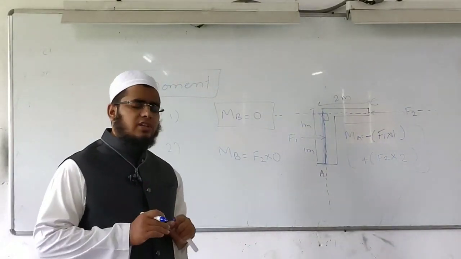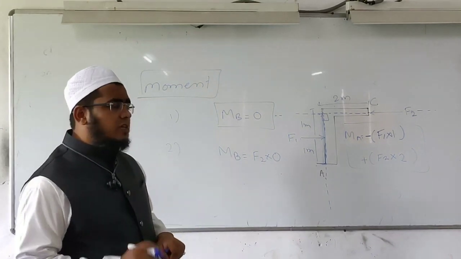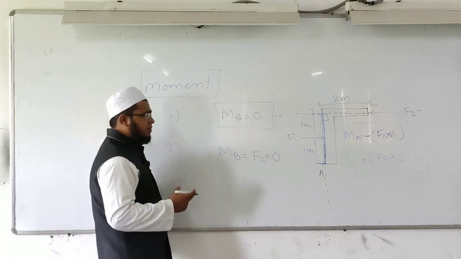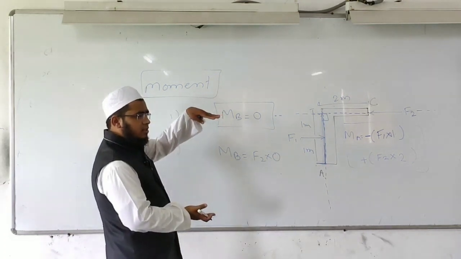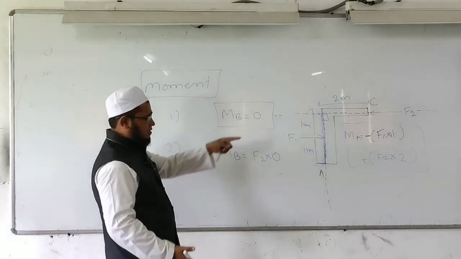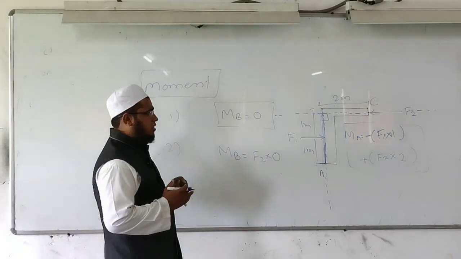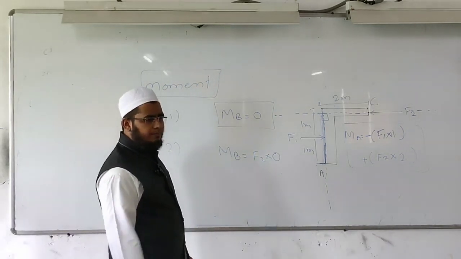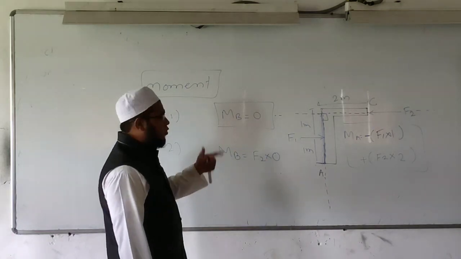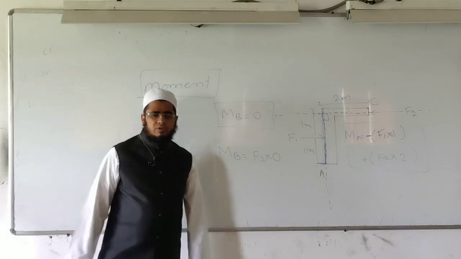Extension of the line of action is very important. After extension, we drop a perpendicular from the moment center to that line of action, and we measure that perpendicular distance. The force into that distance gives the magnitude of the moment. After that, we see the orientation of the moment, whether it is anti-clockwise or clockwise.